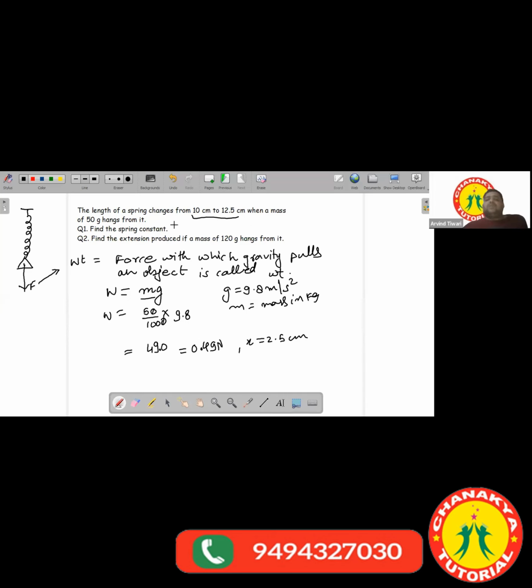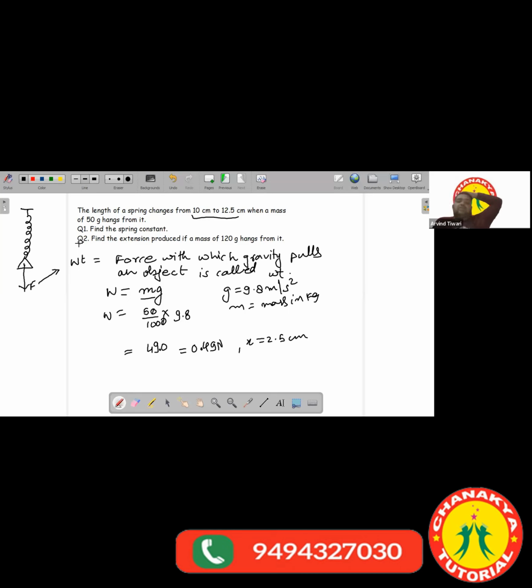Once you know the spring constant, we can use that value for the second question, in the same way. So do this question. I will be checking your answer.